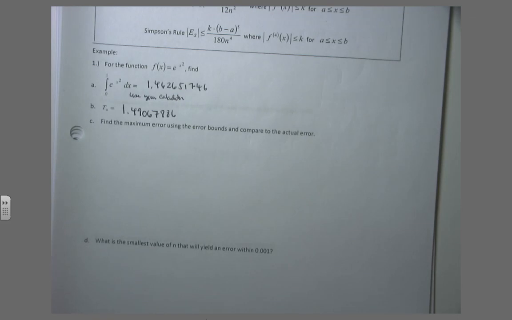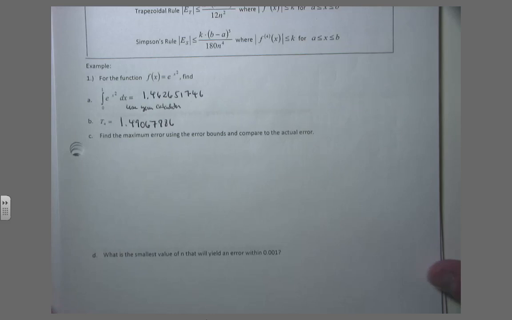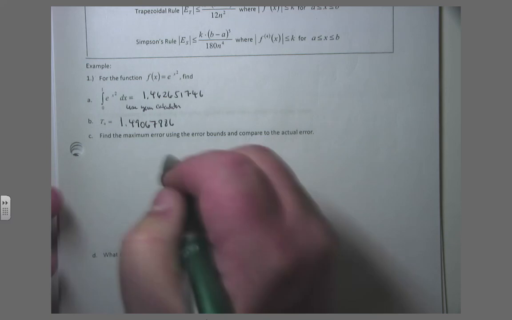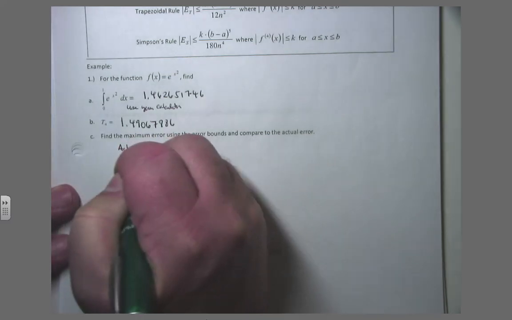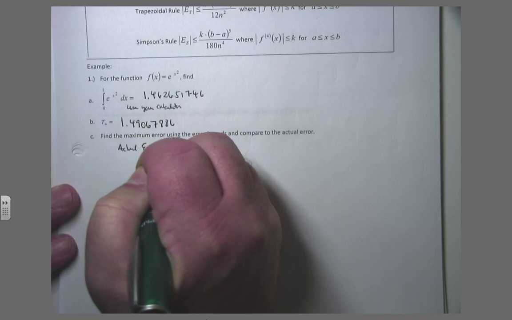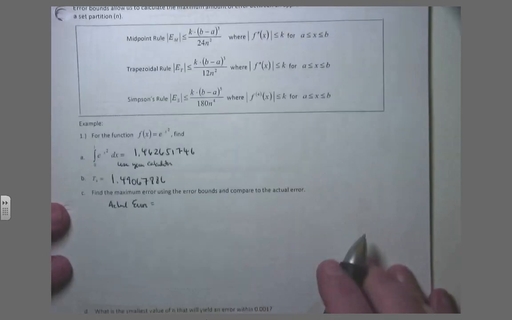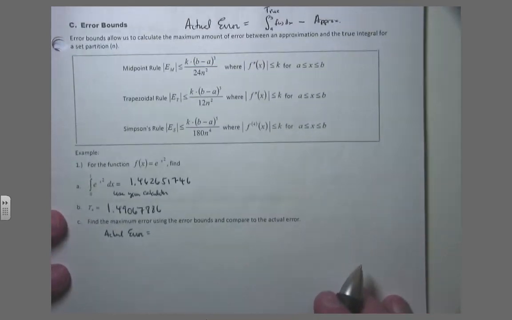Because what we're into in this section is about error. All right, so part C here. Find the maximum error using the error bounds and compare it to the actual error. Let's first calculate the actual error. What is my actual error going to be? According to my rule, still written up here, the rule for actual error is the true integral.